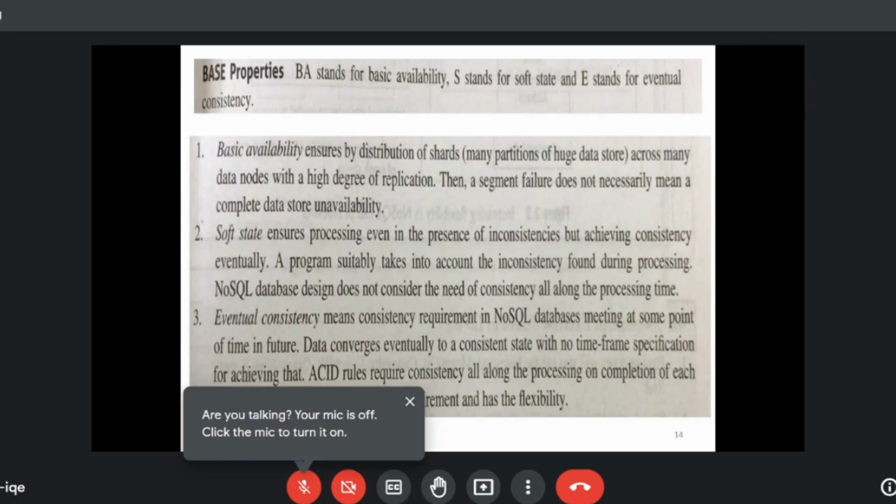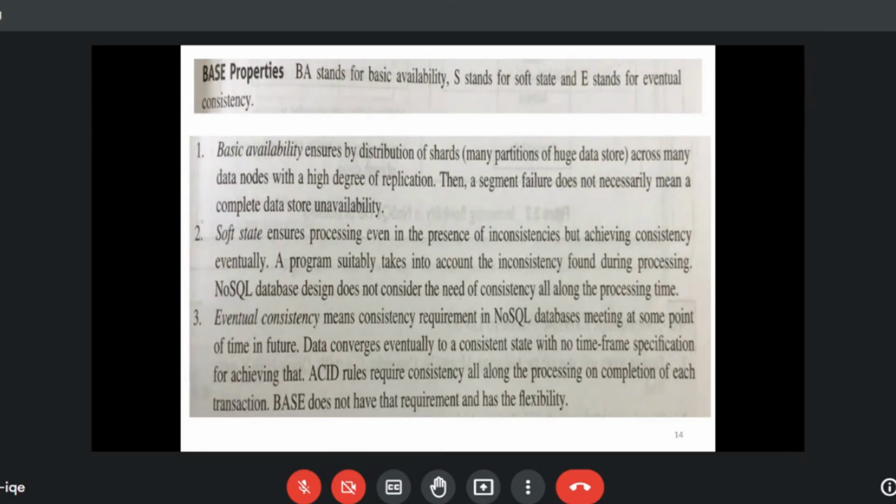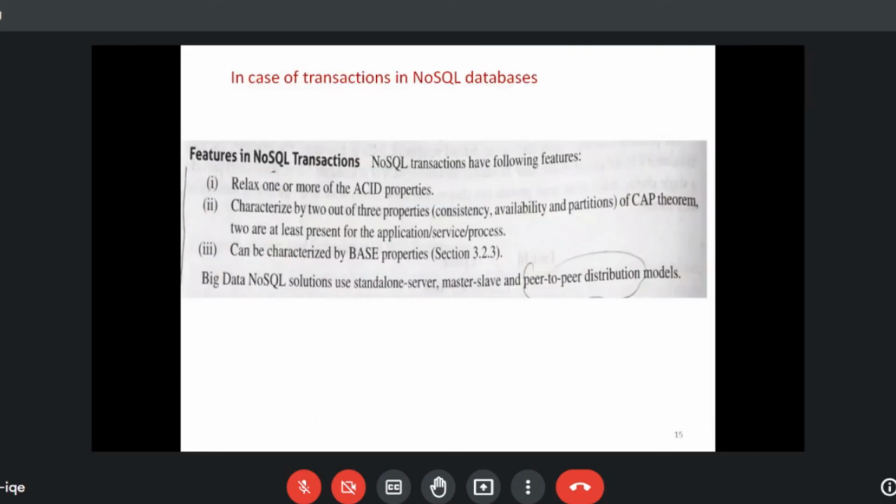ACID rules require consistency all along the processing, on completion of each transaction. BASE does not have that requirement and has the flexibility. This is the difference between relational and NoSQL transactions.